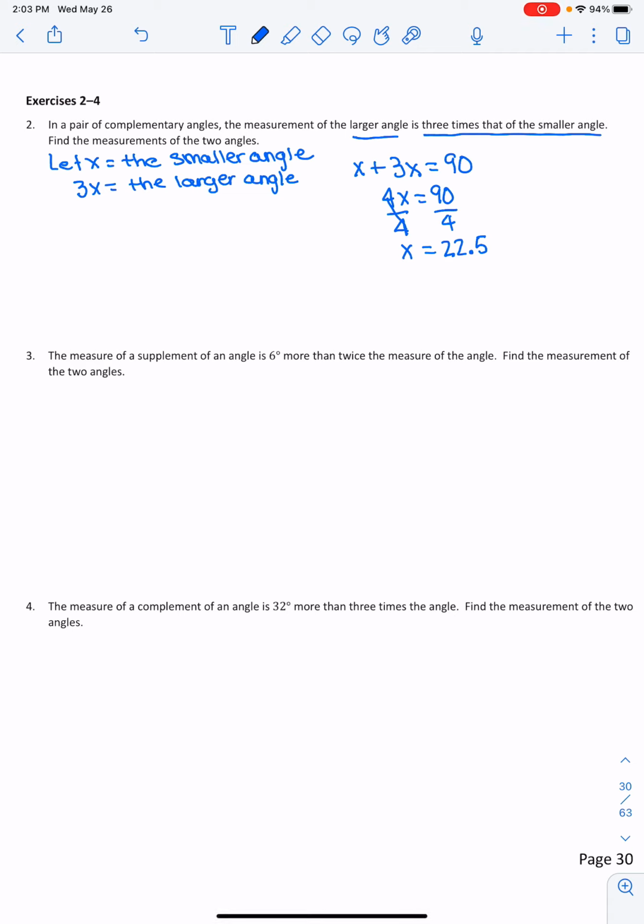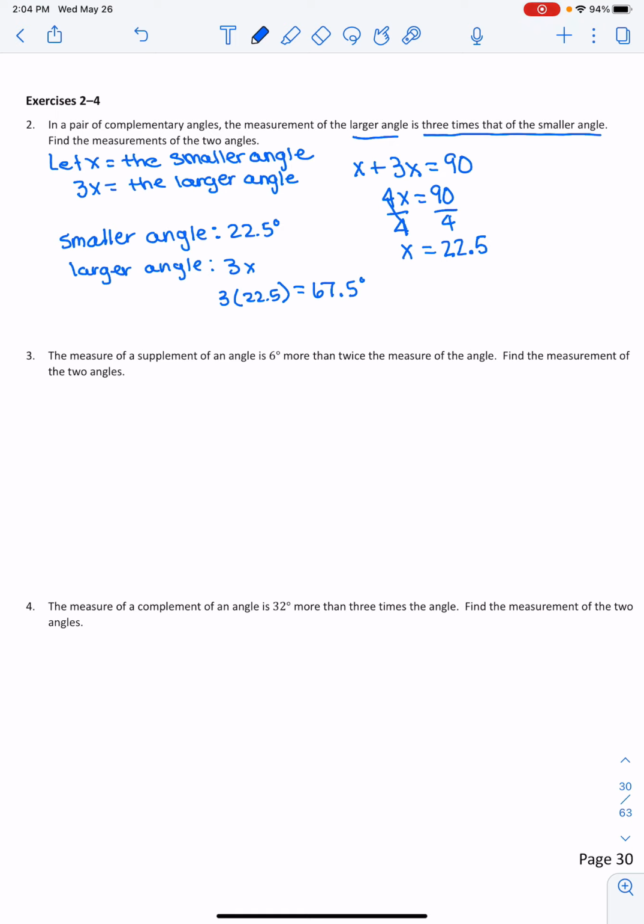So the smaller angle is 22.5 degrees. The larger angle is 3x, or 3 times 22.5, which equals 67.5 degrees.